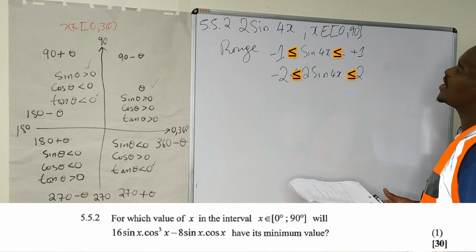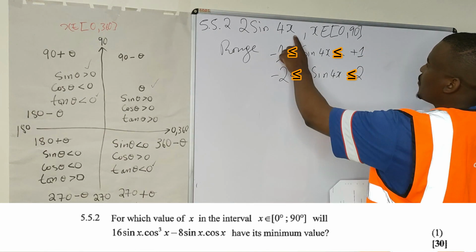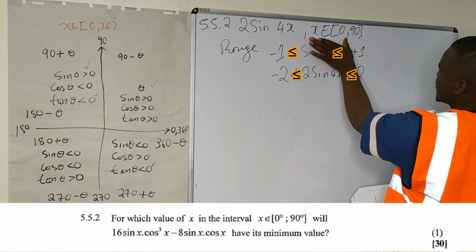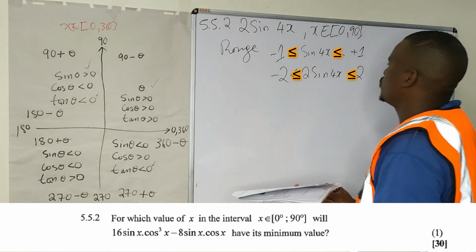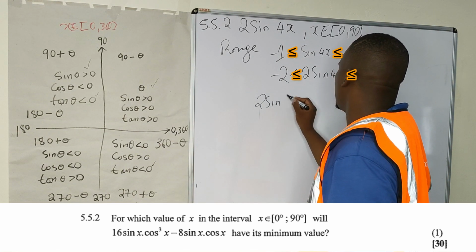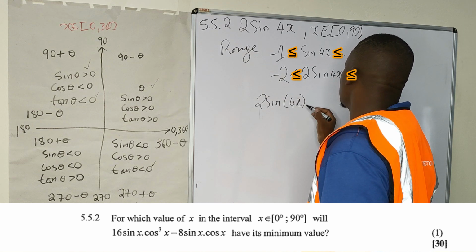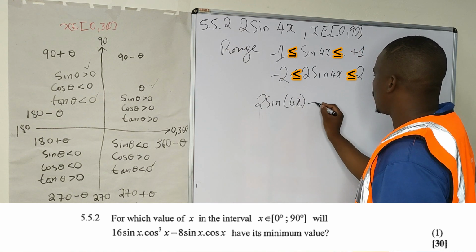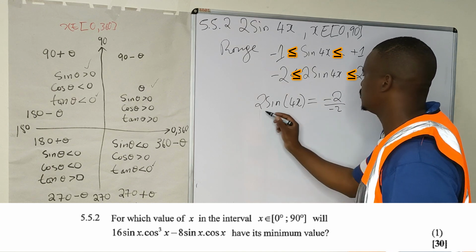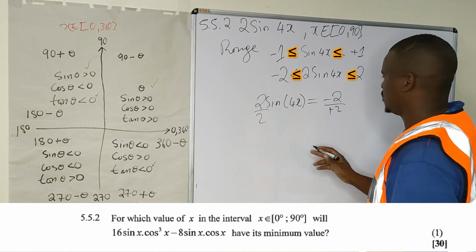So they want to find the value of x that will give us the minimum value, which is -2. But that value of x must be on this interval. So which means now you must have your 2 sine 4x equal to -2, then divided by 2, actually.